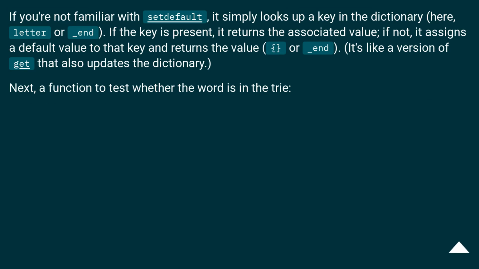If you're not familiar with setdefault, it simply looks up a key in the dictionary, here letter or underscore end. If the key is present, it returns the associated value. If not, it assigns a default value to that key and returns the value, or underscore end. It's like a version of get that also updates the dictionary.